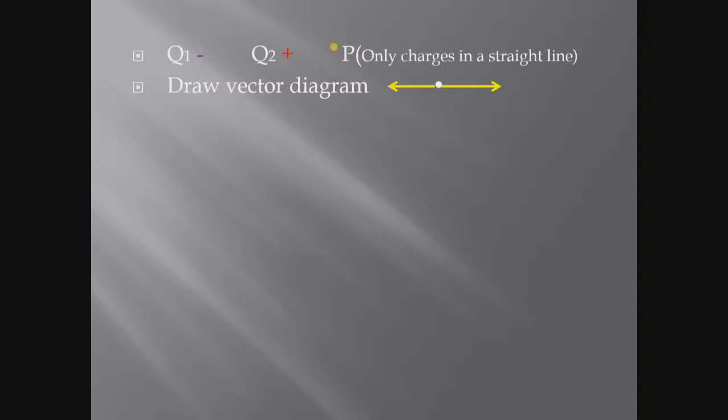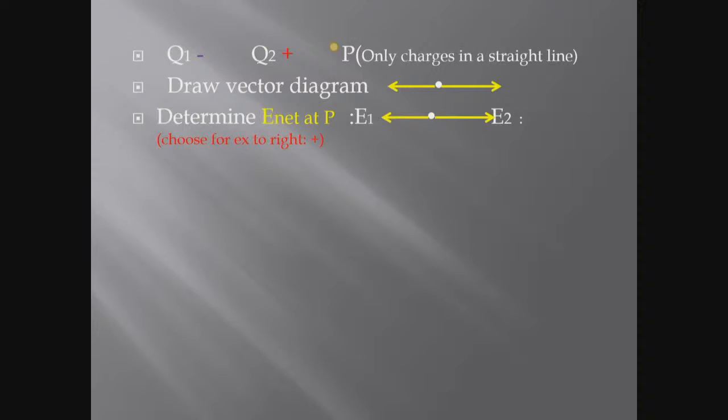So I'm moving from the right to the left to charge Q1, through point P to the left. So therefore E1, the electric field caused by Q1 through point P, is to the left. And now Q2 is a positive charge.